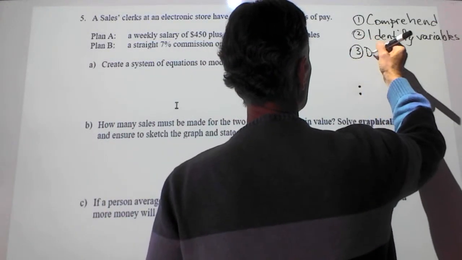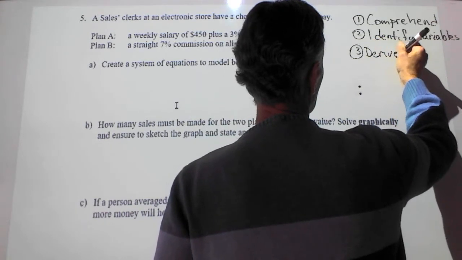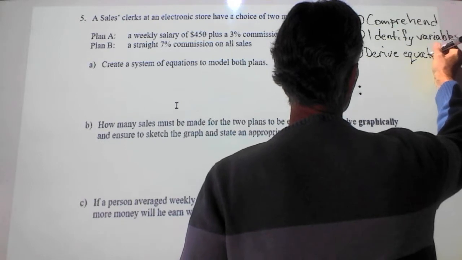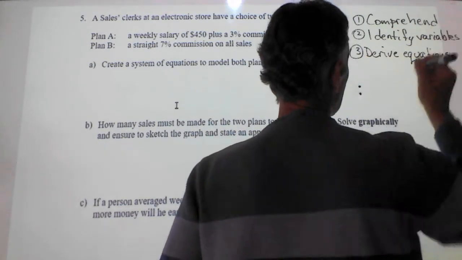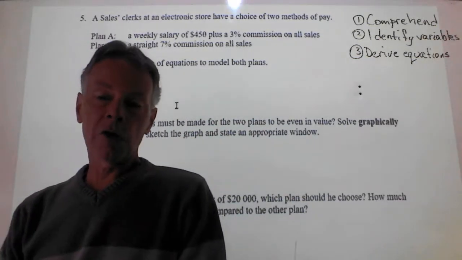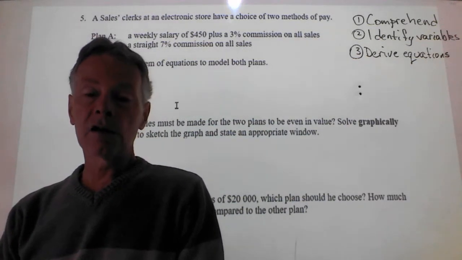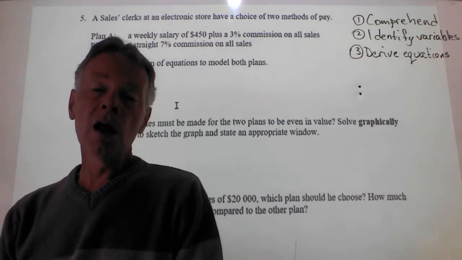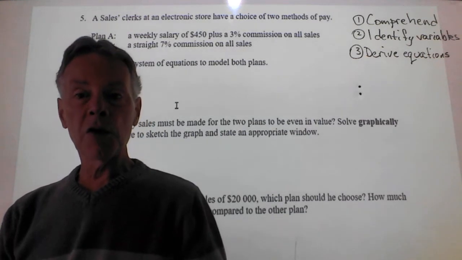which is to derive or set up your equations. So you're going to have two equations. You may not believe this, but most of the word problems that we introduce you to in this unit are relatively simple, okay? But you derive equations.